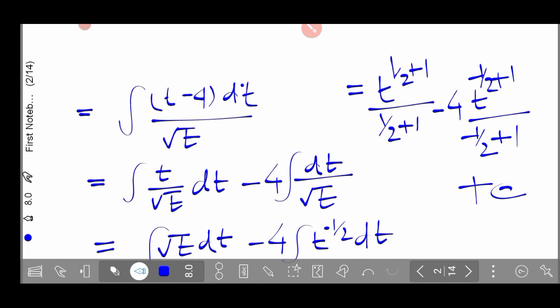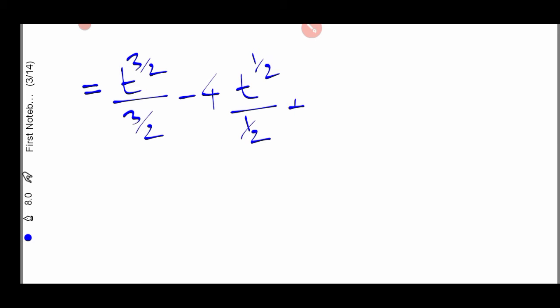So from here, on further simplification, we have t to the power 3 by 2 divided by 3 by 2 minus 4 into t to the power half divided by half plus c.